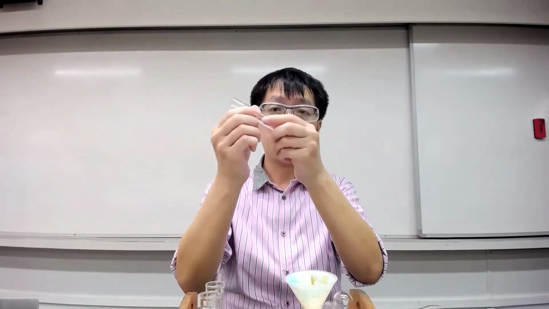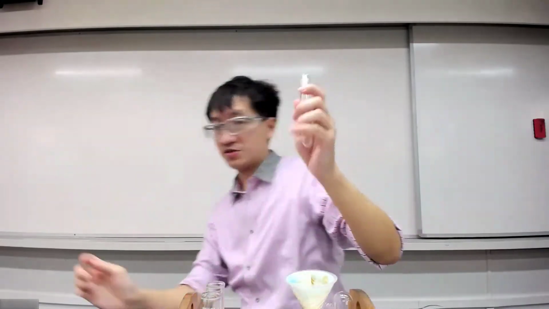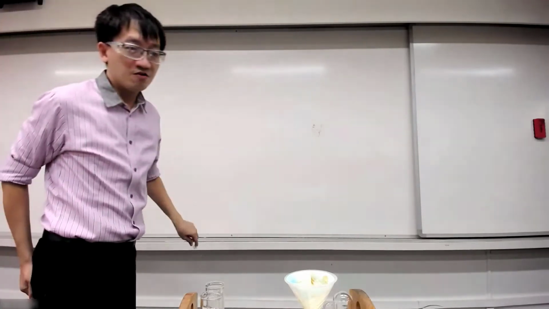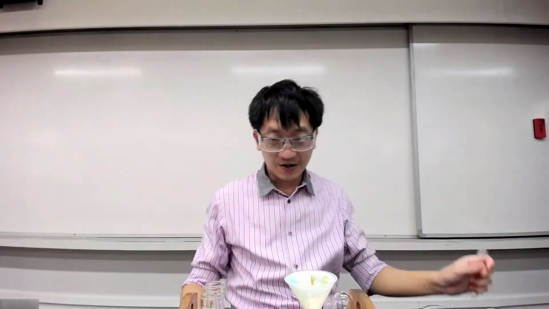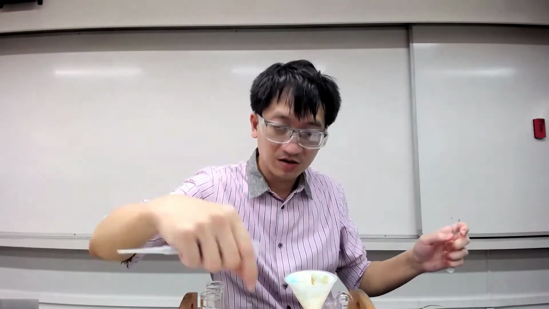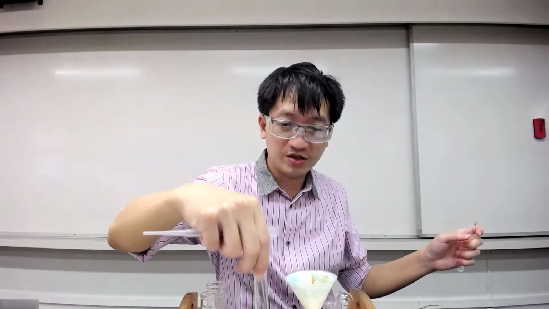So I'm going to take another clean test tube. I think it should be clean. I'm just going to wash it a little bit. We're just going to follow the instructions. Just going to take a little bit of the solution from here, and we're just going to swirl it.